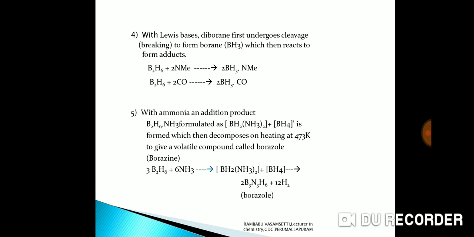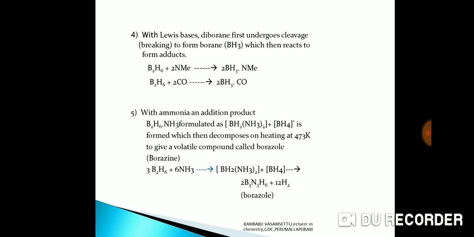For example, diborane reacts with N-methylamine, dimethylamine, to give borane N-methylamine, and B2H6 reacts with carbon monoxide to give borane carbonyl.